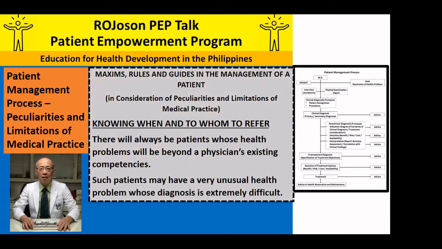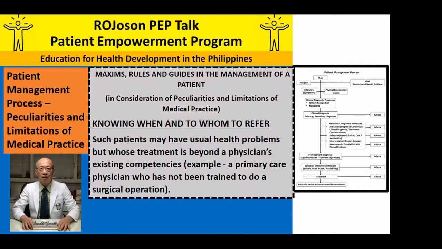Such patients may have a very unusual health problem whose diagnosis is extremely difficult. Such patients may have usual health problems, but whose treatment is beyond a physician's existing competencies. For example, a primary care physician, or the usual terminology used here is GP, who has not been trained to do surgical operations.